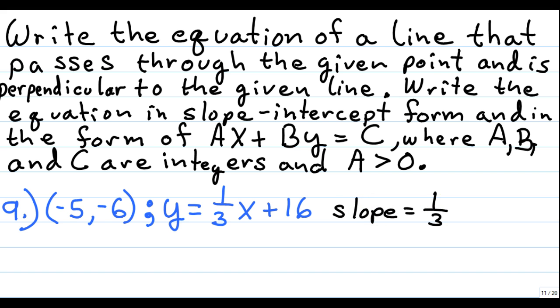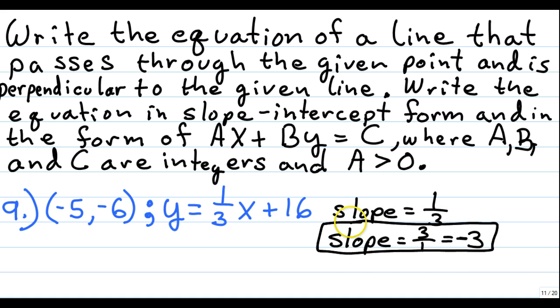Our slope should be its reciprocal in the opposite sign. So the reciprocal of this would be 3 over 1, or 3. And the opposite sign, this one's positive, would be negative. So our slope is going to be a negative 3.